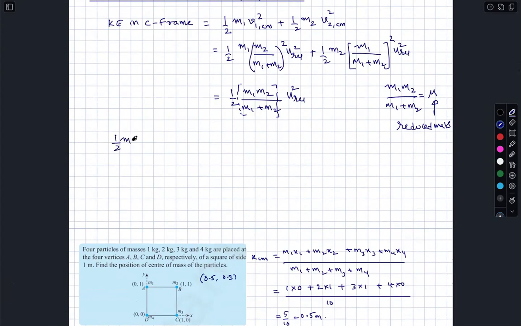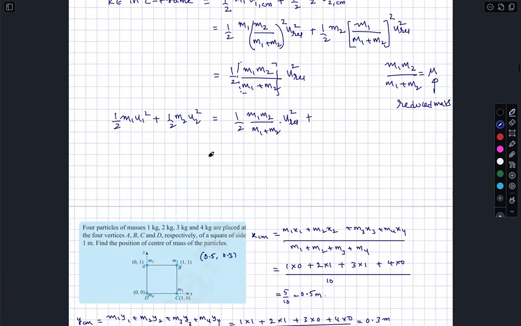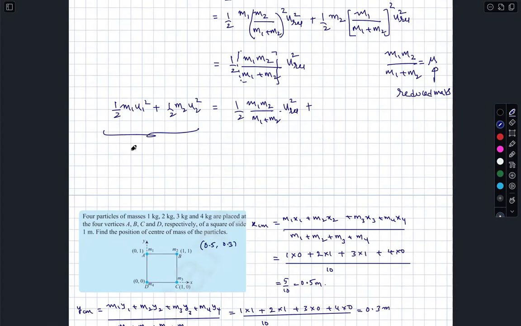Half m1 u1 square plus half m2 u2 square is equal to half (m1 plus m2) vcm square plus half mu u relative square. This is KE in G frame, ground frame.